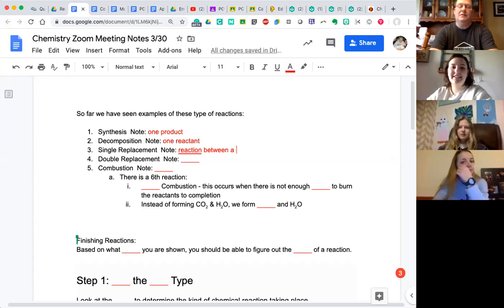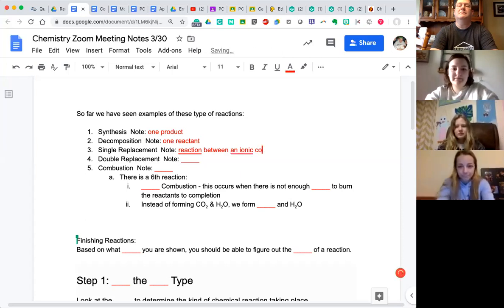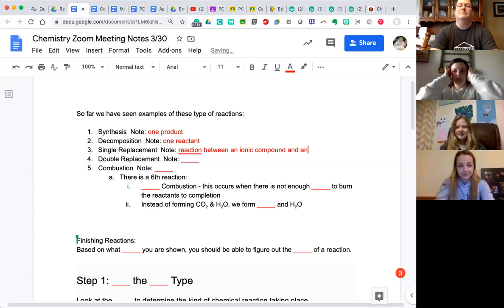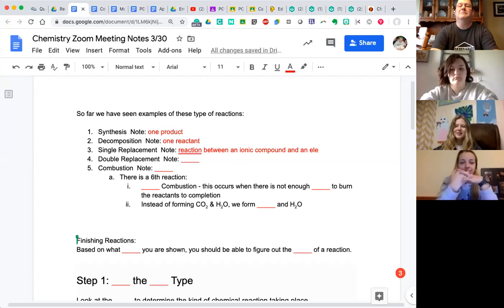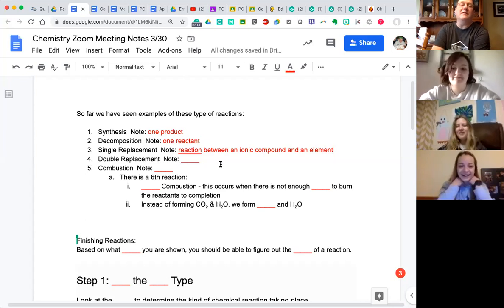An element. Okay. Reaction between an ionic compound and an element.